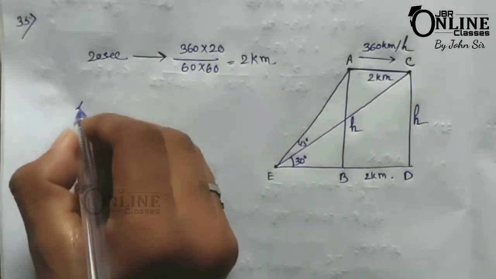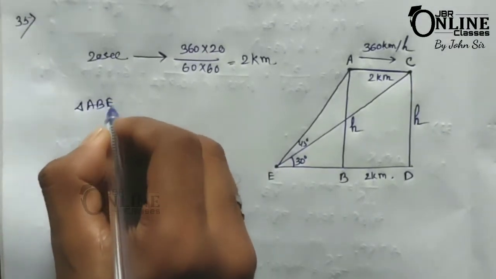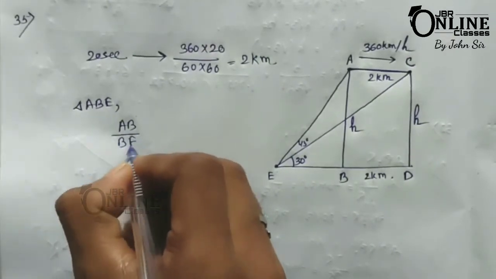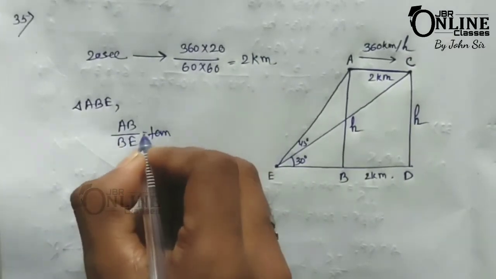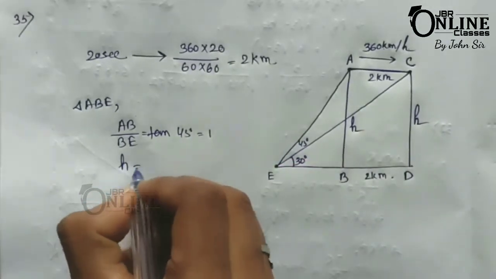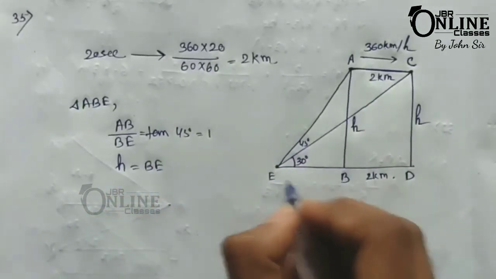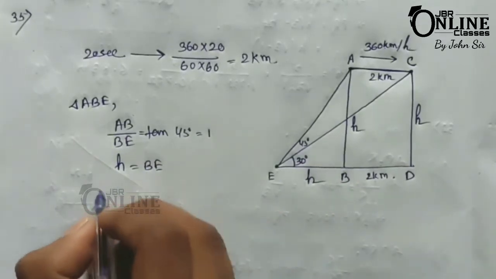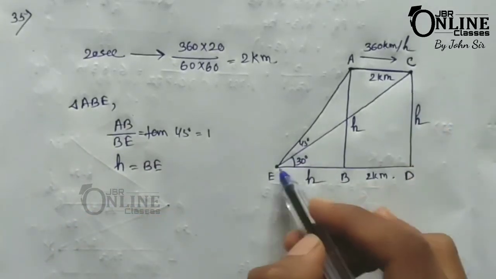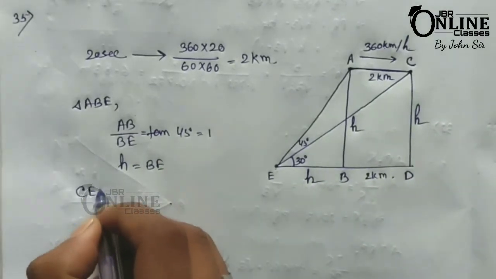So from the first triangle ABE, AB by BE equals tan 45, that means 1. So AB means H, so H equals BE, that means BE is also H. Now next, the triangle CED.